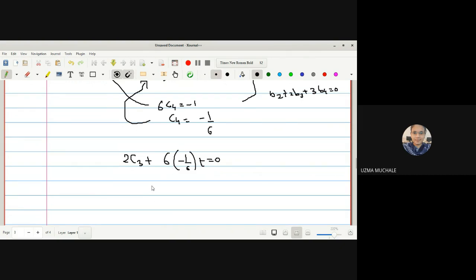So with the help of this, I can get the value of C3 equal to T by 2. Make a bracket for this. You can name this as equation 1, 2.